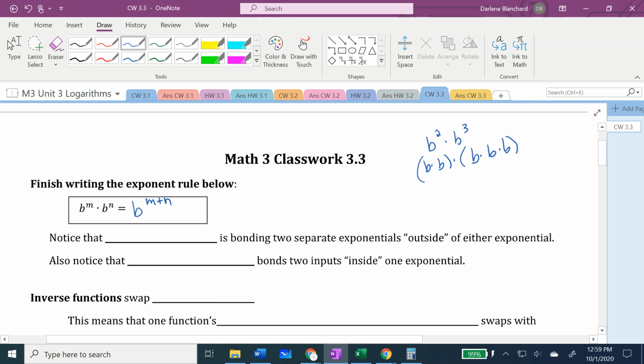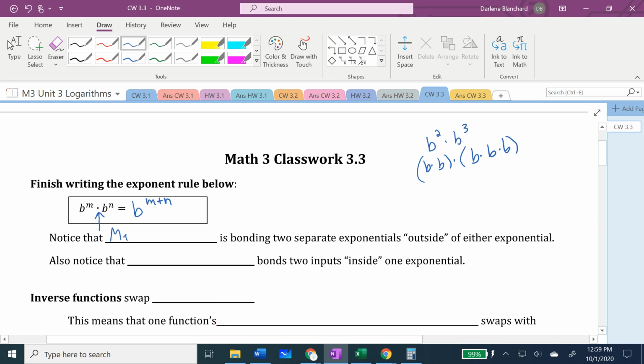Now, what you need to notice is there is an operation that is bonding two separate exponentials outside of them. What is that operation that is bonding those two exponentials? Multiplication.